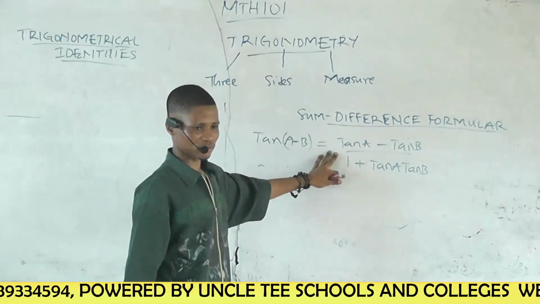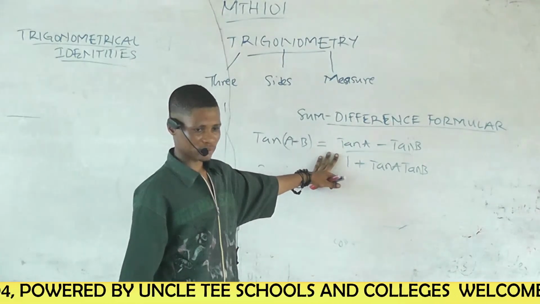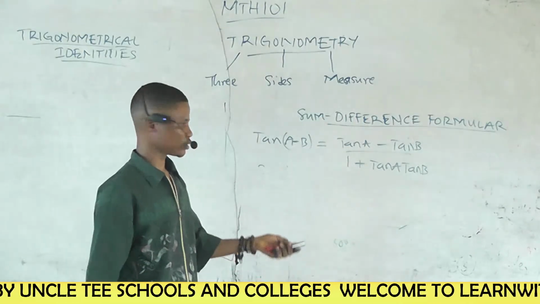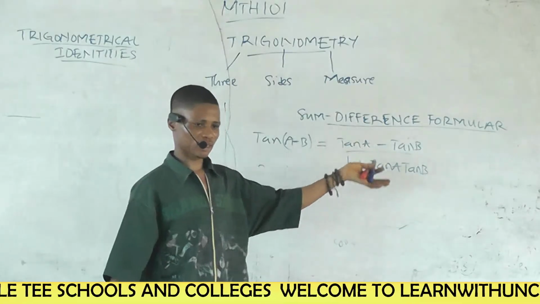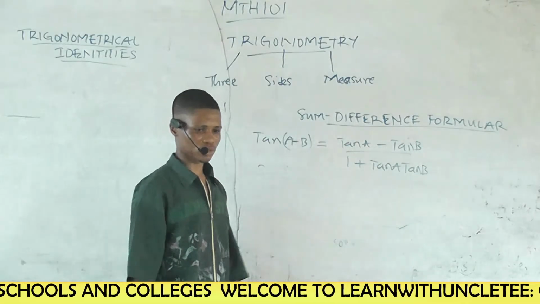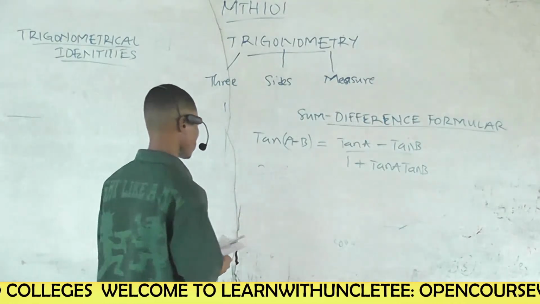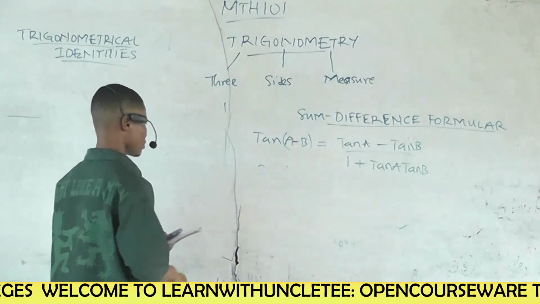Like this one, it has a proof, but for other departments, maybe biology, you can just know it directly. But for mathematics, you must be able to prove it. So let's move to double angle identity.